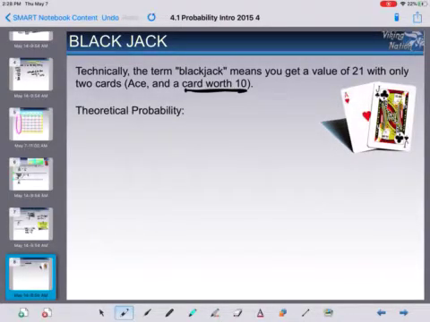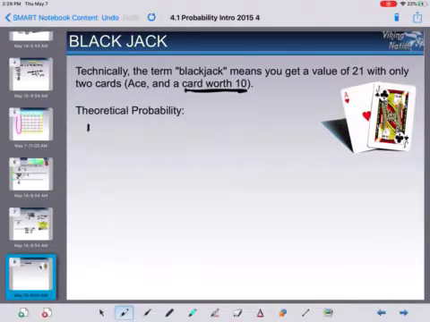Okay. Hopefully you paused. Here we go with the calculation. So the theoretical probability of getting a blackjack, let's actually define our event here. Because if I just write, again, blackjack, you might think I'm talking about getting a blackjack in particular.